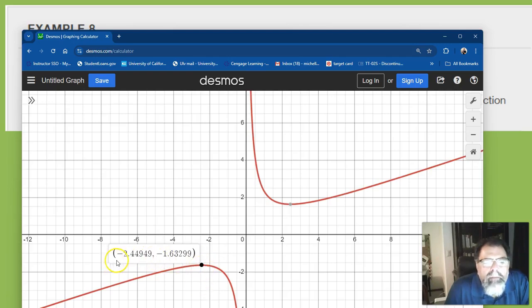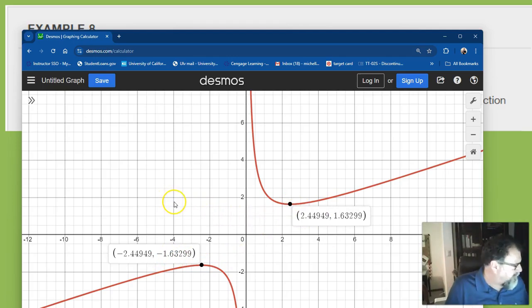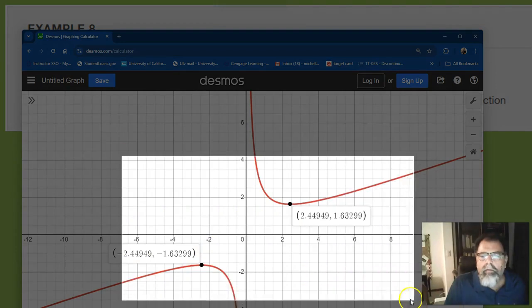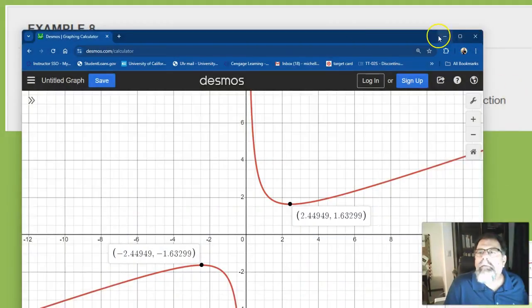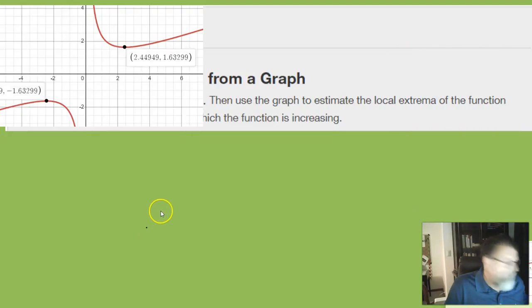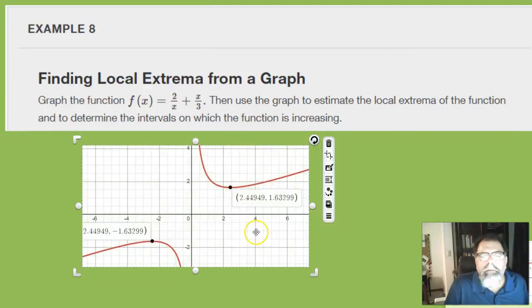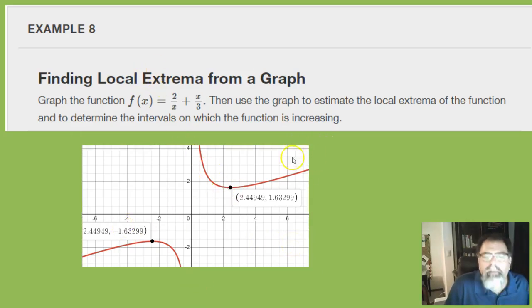So the local maximum would be negative 1.63, and then the local minimum would be there. Okay, so that's really nice with Desmos. You can just click on it and it'll show you what that local max and min is. So it's kind of a built-in function there.